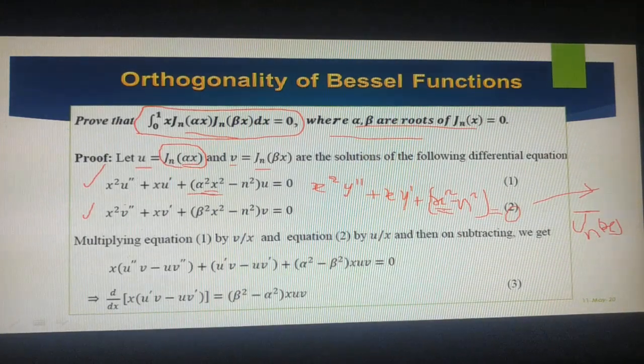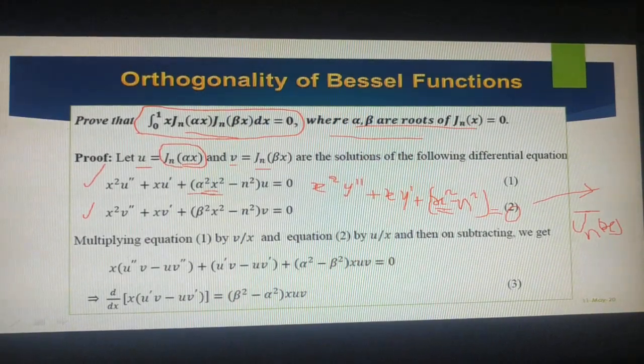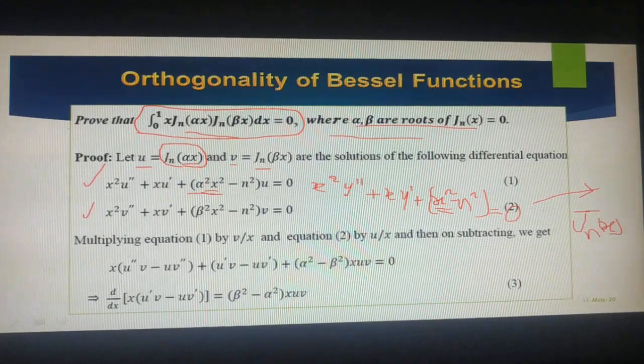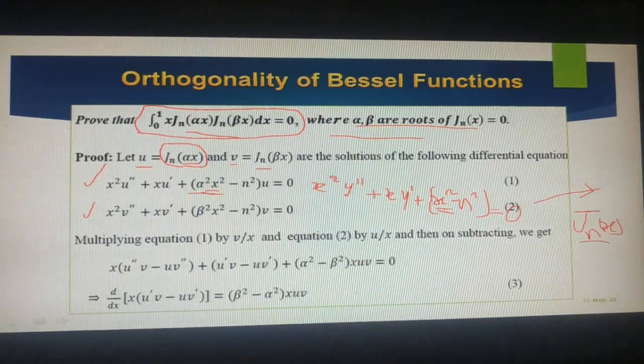We have to substitute it in the differential equation, because it's a solution, it has to be satisfied. So x square u double dash plus x u dash plus (alpha square x square minus n square) u is equal to 0.